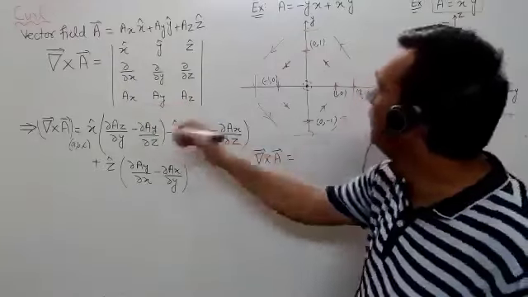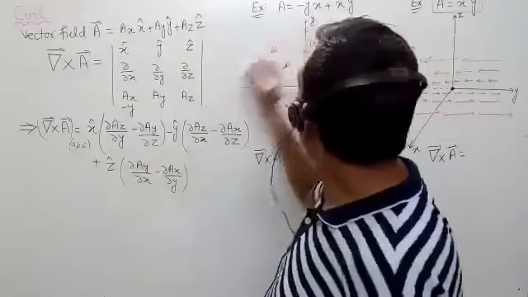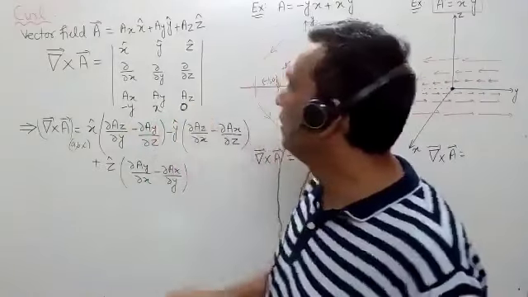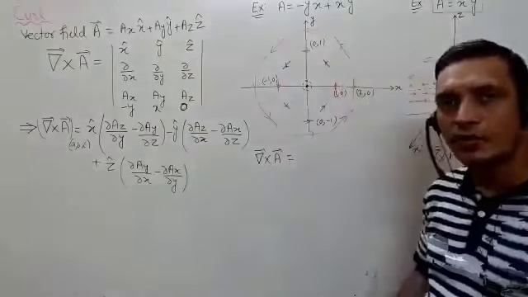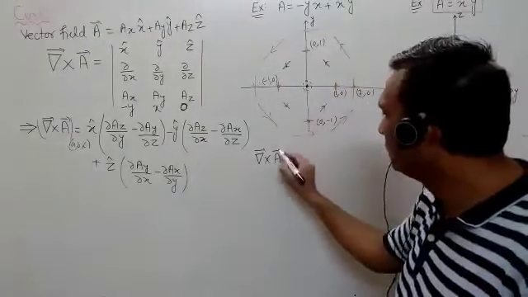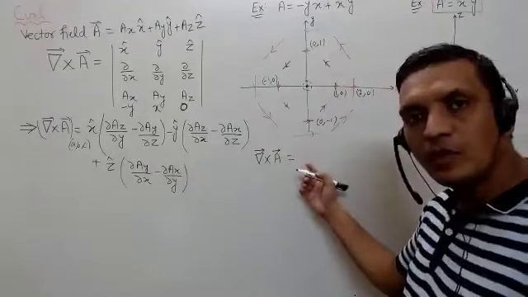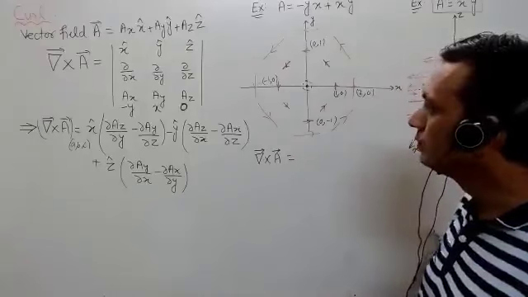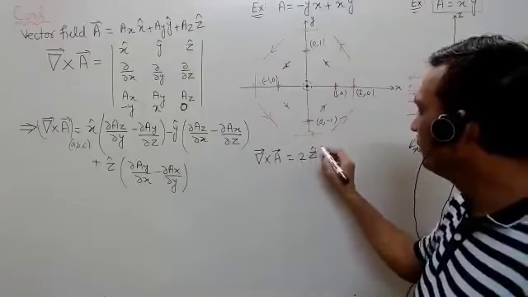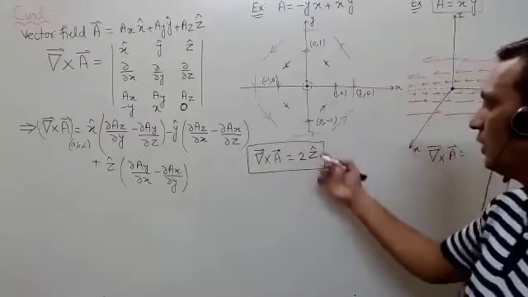What will be curl of A in this case? Just substitute here. AX is minus Y, AY is X, and AZ is 0. Expand this, you will get curl of A. Okay? What will be curl of A? This is 2Z cap. 2Z cap. Just check it, you will get 2Z cap.